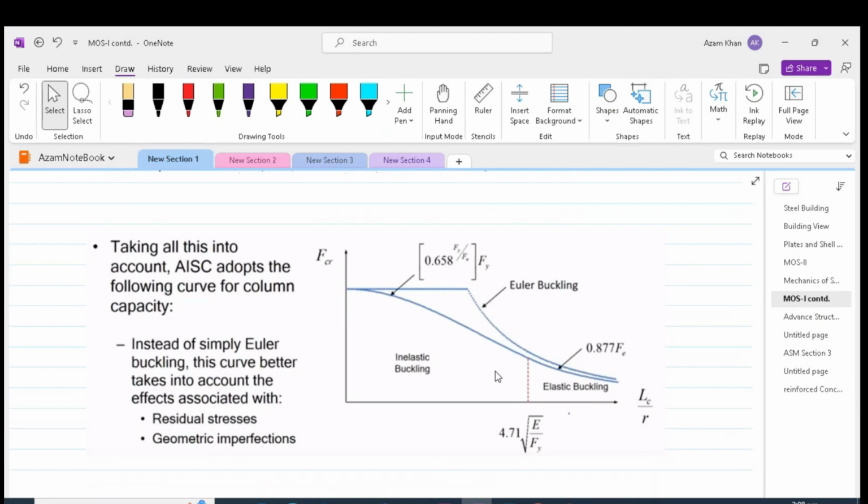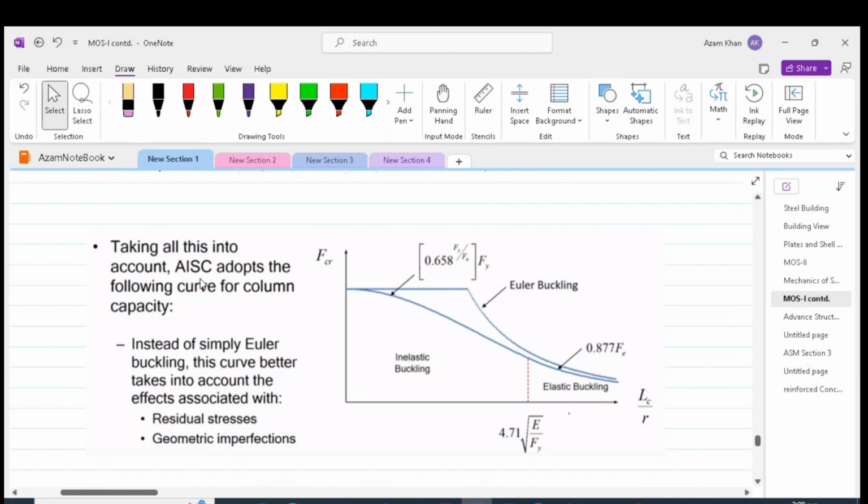A steel I section column will have some internal stresses already applied on it during fabrication, and it might not be fully straight. It might have some imperfection which would make it a bit crooked. That's why it is not possible to get exactly the same buckling curve as proposed by Euler.